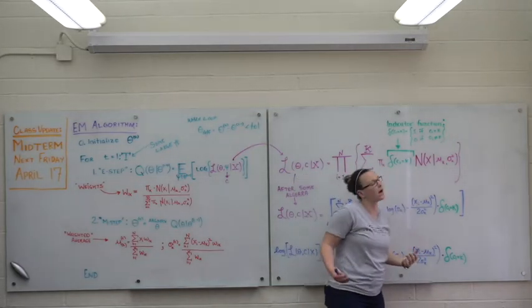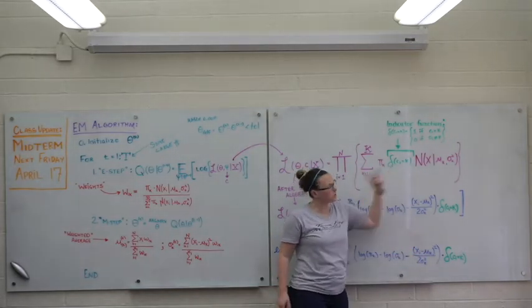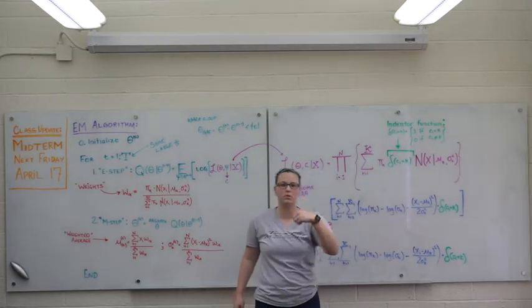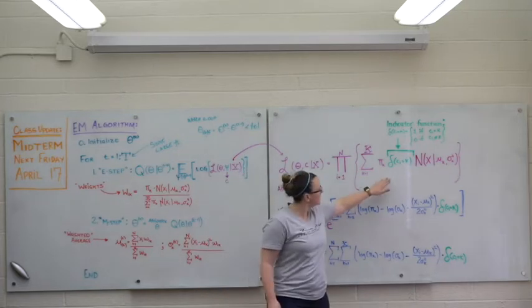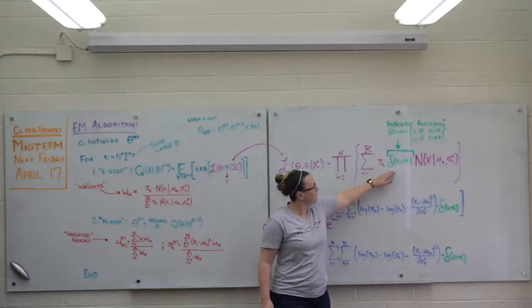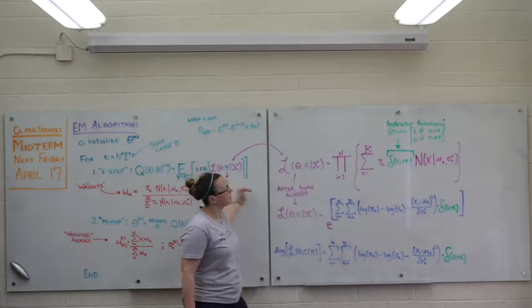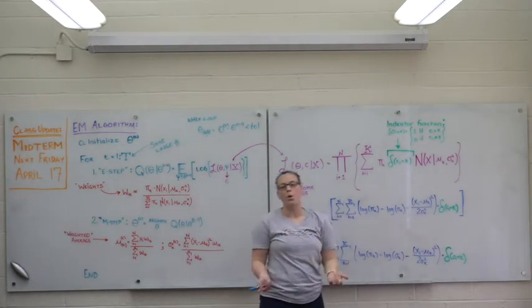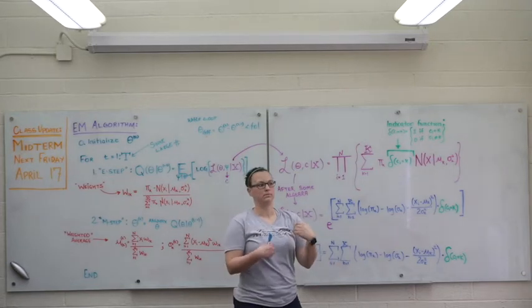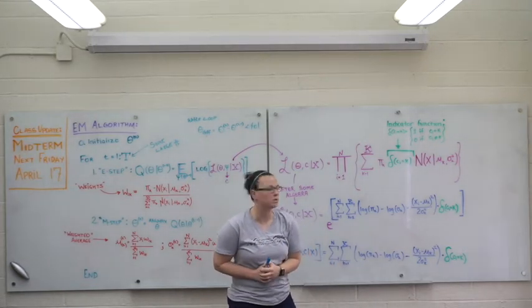I just didn't want to write it all out. This indicator function is probably the thing that most of us forgot when we wrote this out the first time. But we need it because it's important when we start taking the expectation, and it's that light switch telling us what cluster component our observations are in.